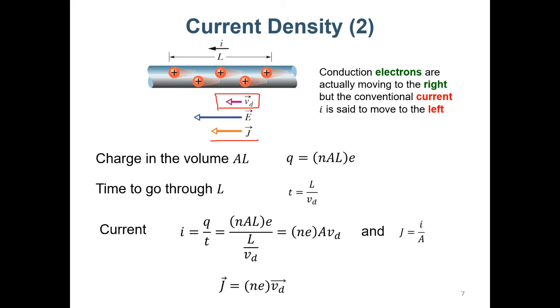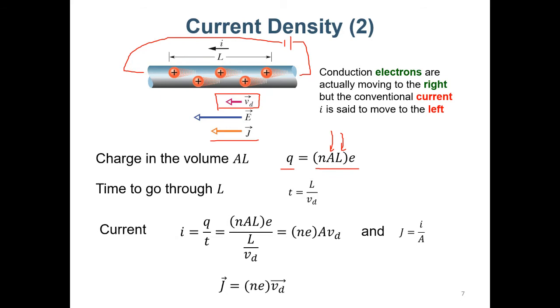So you can consider a battery. A battery is somehow like this, so that the current will go from the right to the left. So here we consider Q is NALe. A is the cross-section area. This is the length. So AL is the volume of this part.